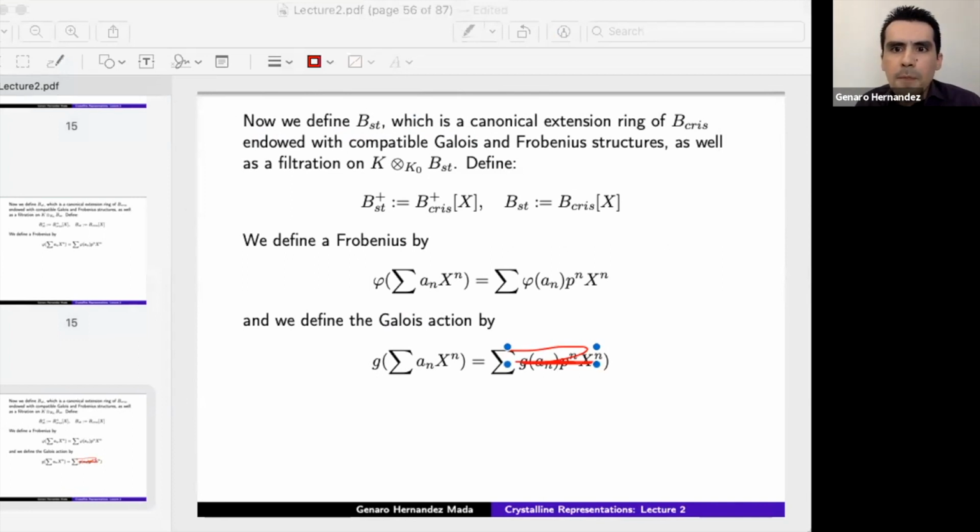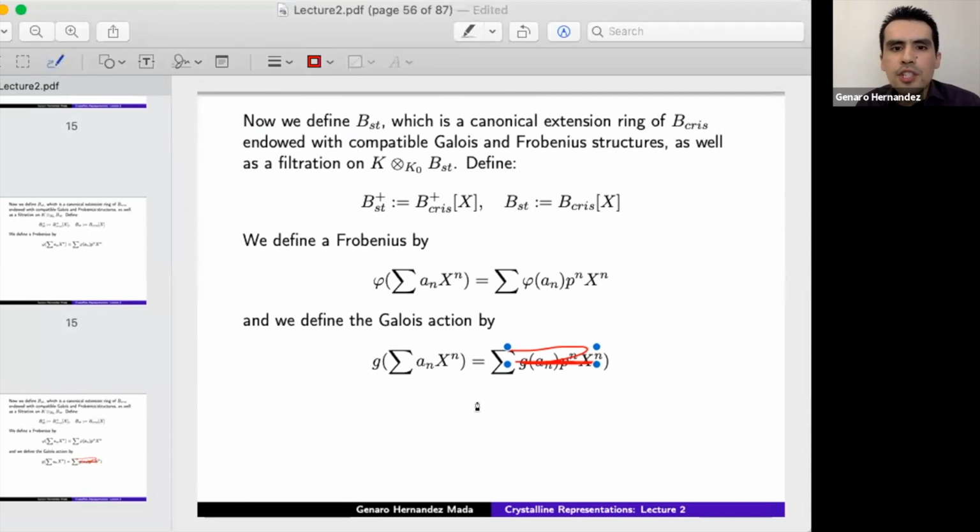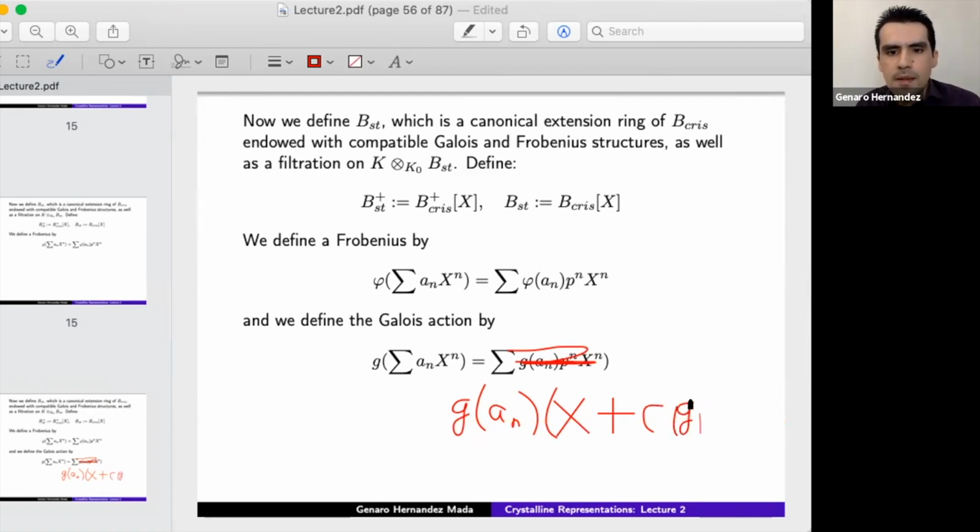Yeah, so this should be g applied to a_n, multiplying X plus, I will say in a moment what this is, c(g) multiplying T to the power n.